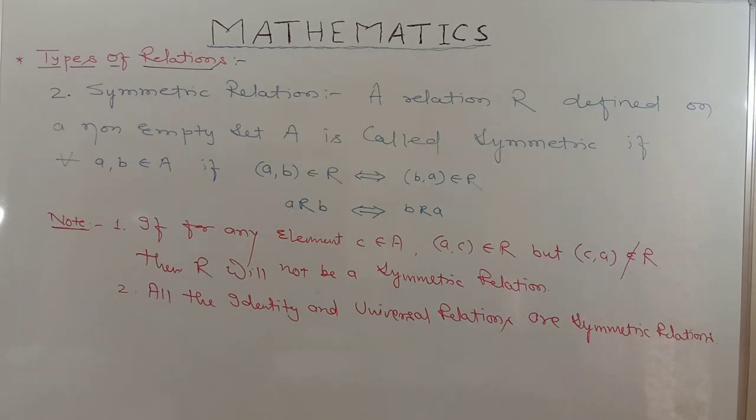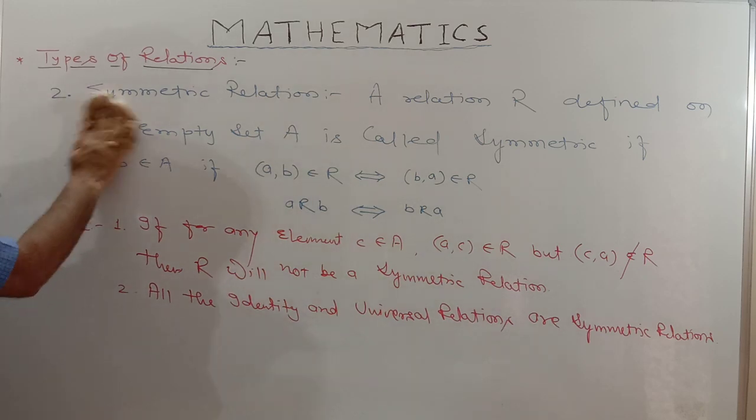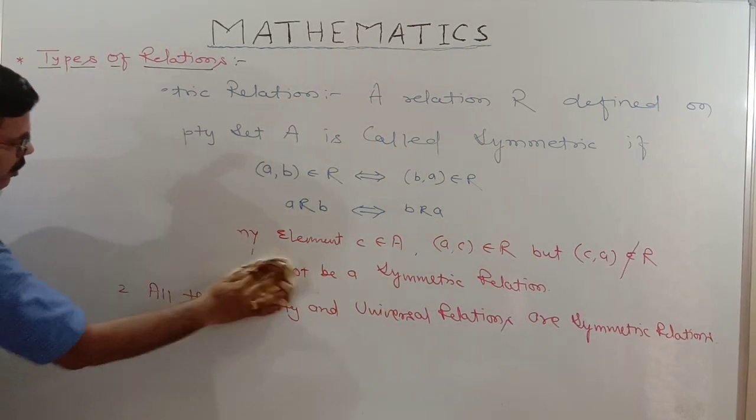We'll see the example later, okay? Again, what I have told, you just pause and write all definitions properly. Now the third relation, transitive relation. The third kind of relation, that is transitive relation.